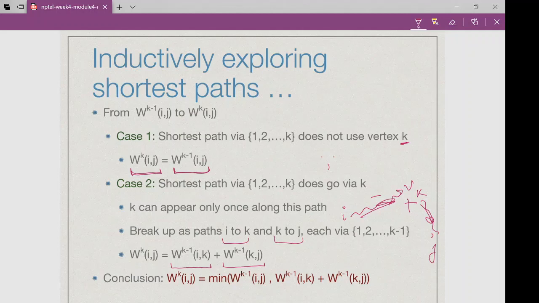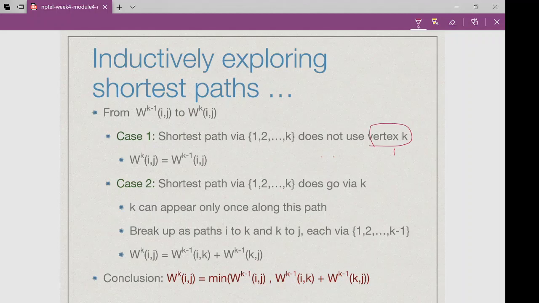Now if you remember, in dynamic programming we generally form all the cases, and based on those cases we pick the one which best suits our condition. In our case we have to minimize the distance or weight of these paths, right? There are only two possibilities: either we take vertex k or we do not take vertex k.